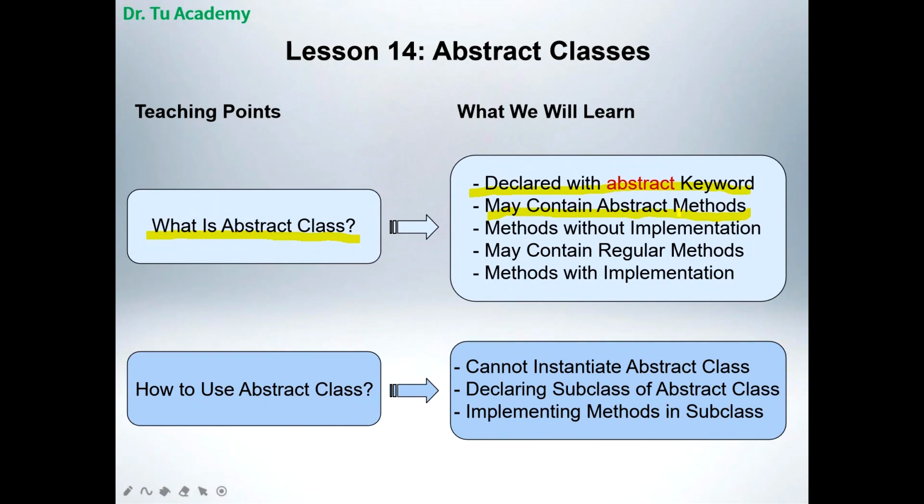If we put an abstract keyword in front of the method, then this method is called abstract method. Abstract methods don't have implementation code, so its implementation body is empty. But abstract class may also contain regular methods, those methods with implementation code inside its body.